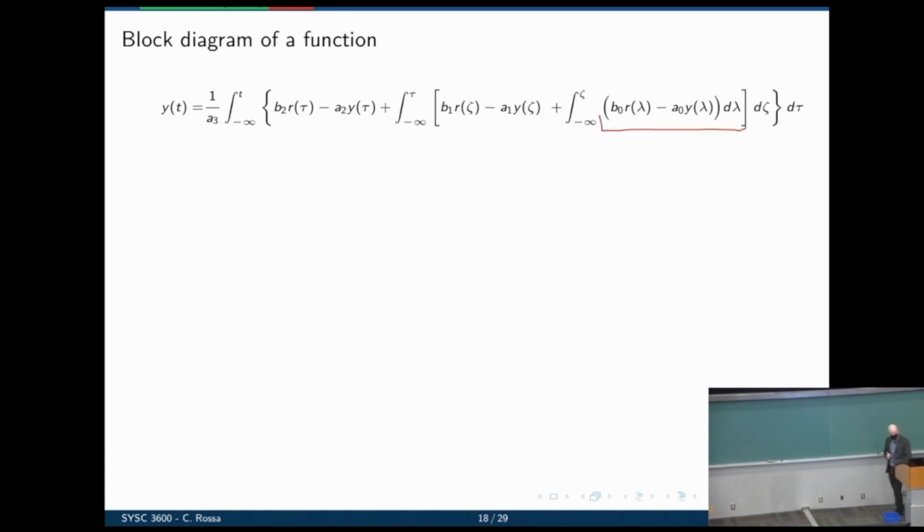How many times has this term been integrated? Three times, right? The middle one has to be integrated two times, and the most left one one time. So let's start with the one that requires the highest number of integrations.